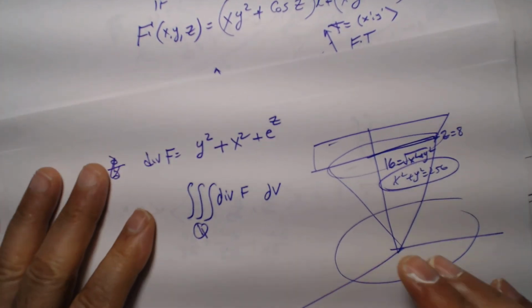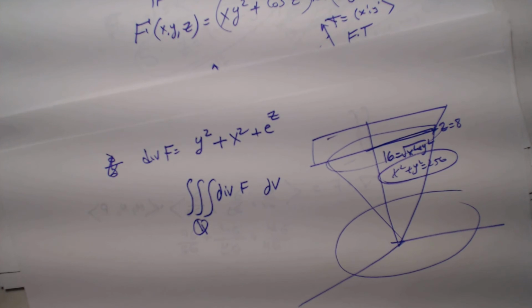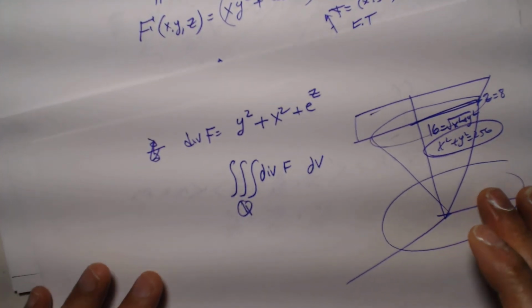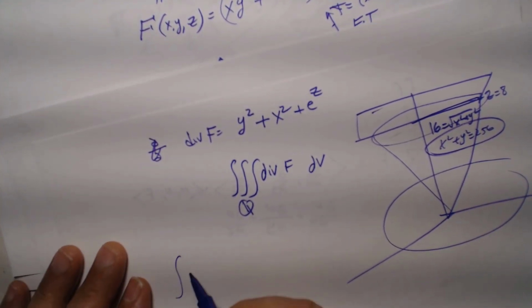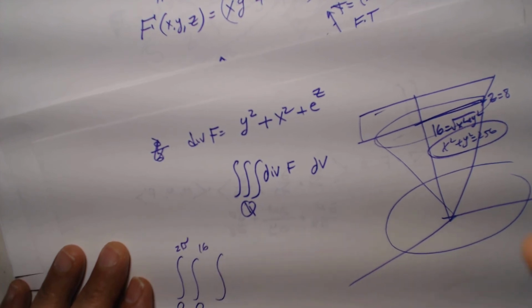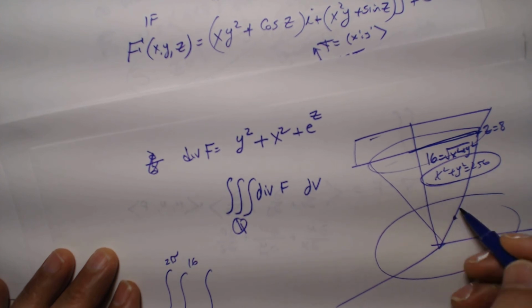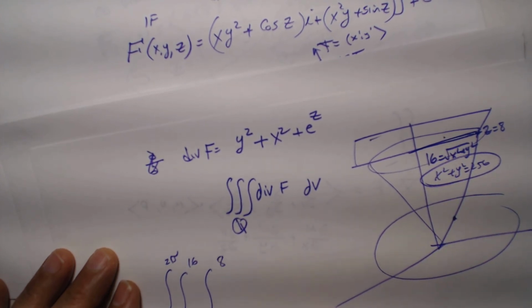Okay, I can go right here and maybe change it to cylindrical coordinates. My angle is from 0 to 2 pi. My r is from 0 to 16. My z is from here, that's the low z, and that's the high z. Your z is 8.